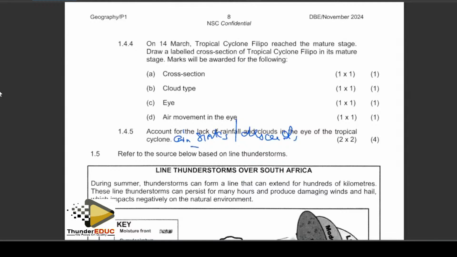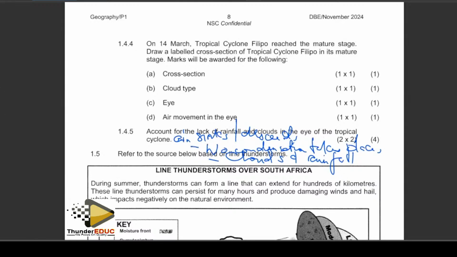And how does that impact? No condensation takes place. When there's no condensation, it means there are no clouds, and apparently no rainfall. The rainfall occurs on the wall of the system surrounding the eye, but right at the center of the system, it will be having clear skies and stable conditions.